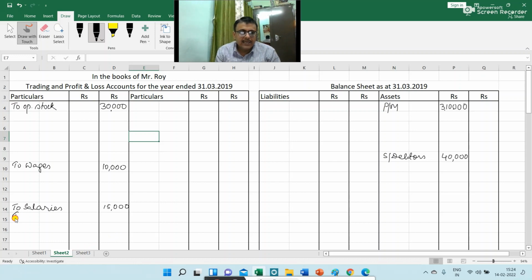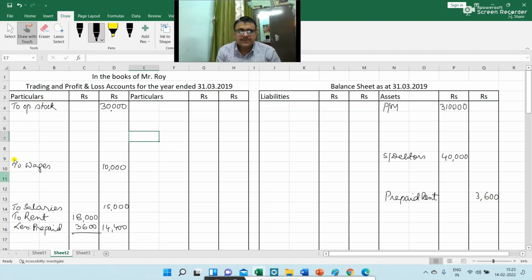I have already discussed the adjustment for rent, so I can safely write the amount of 18,000 as given in the trial balance less prepaid 3,600, and in the outer column I am writing 14,400, and in the balance sheet you can safely write prepaid rent 3,600.